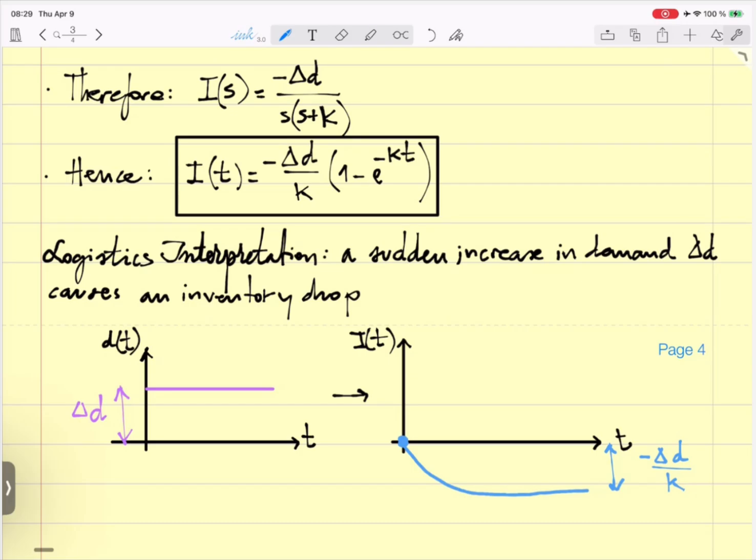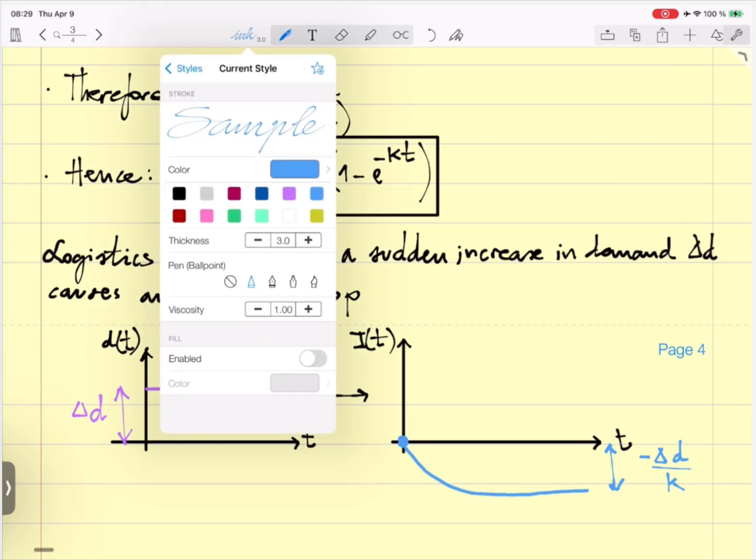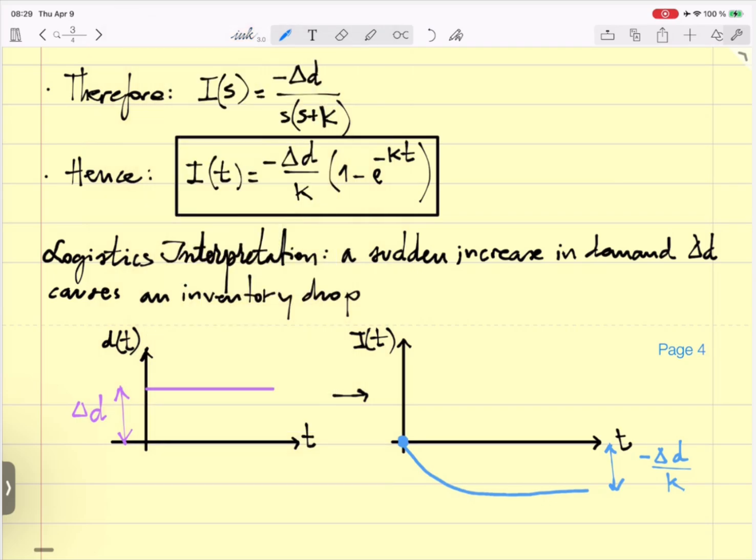So if the customer suddenly asks for more, we need to be prepared because the inventory is going to drop. Okay, makes sense?